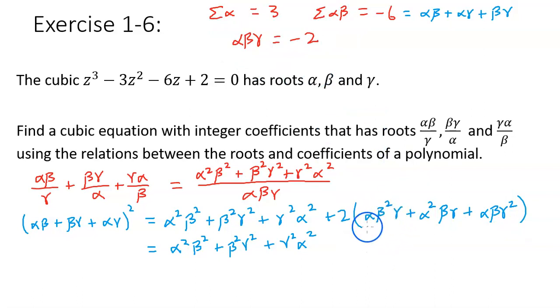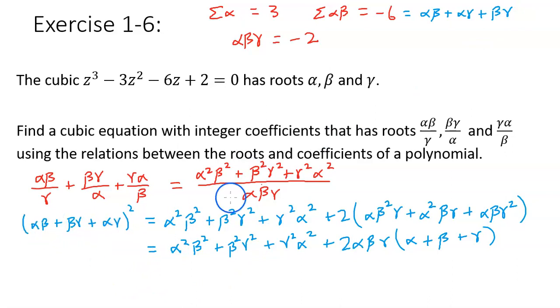We can pull out all 3 of them, alpha beta gamma, so 2 times alpha beta gamma, and then inside the bracket, what's left: times by alpha to get the middle one, times by beta to get the first one, and times by gamma to get the last one. And so all of a sudden it's in terms of things that we already know.